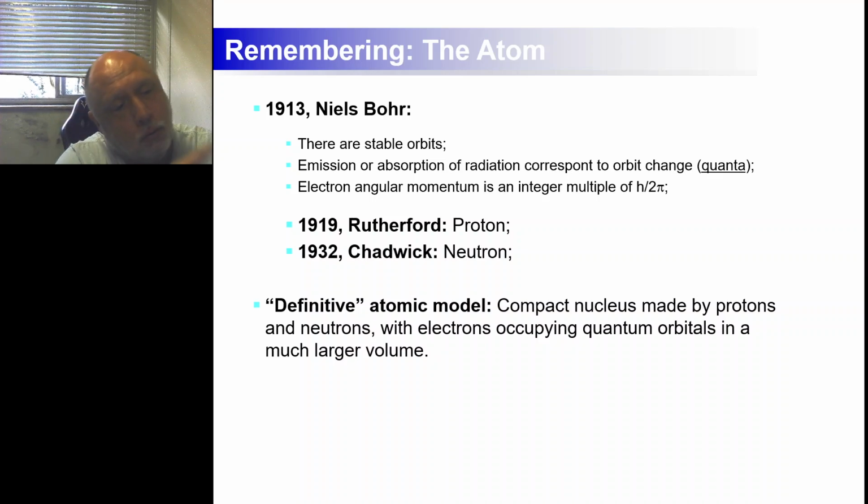Quantum mechanics said no, there are orbits that are stable, and so this is the modern atom we know, right? So we have stable orbits for the electrons, and the emission or absorption of radiation, in this case X-rays, just corresponds to an electron changing orbit, right? And a quantum of energy is emitted. And the electron angular momentum should be an integer multiple of h over 2 pi.